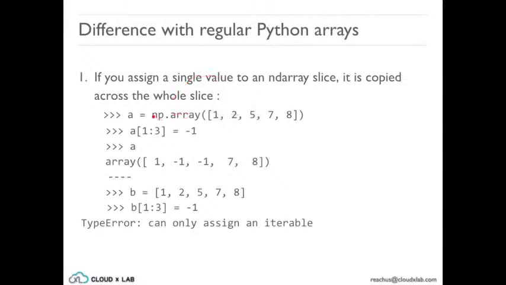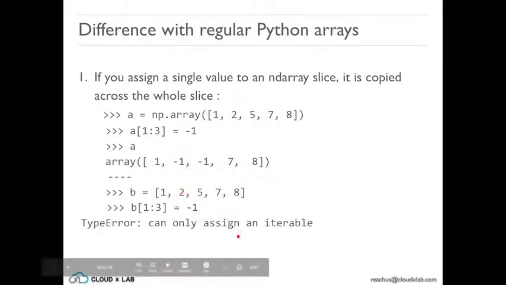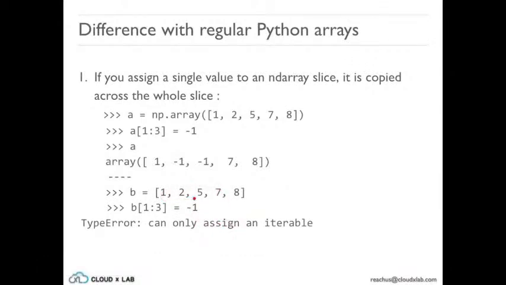So for example, I have A, if it's a Numpy array, and if I say A[1:3] = -1, it will change. Basically items 1 and 2 will get reassigned to -1. But if I try the same thing with a Python array, it's not going to work, it's going to fail. Okay, so we'll see this in demonstration also. So this is one of the positive things for Numpy arrays. Besides being faster, it's more flexible. There are more things you can do with it.